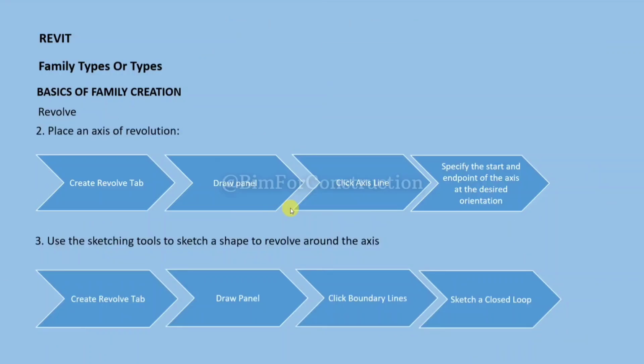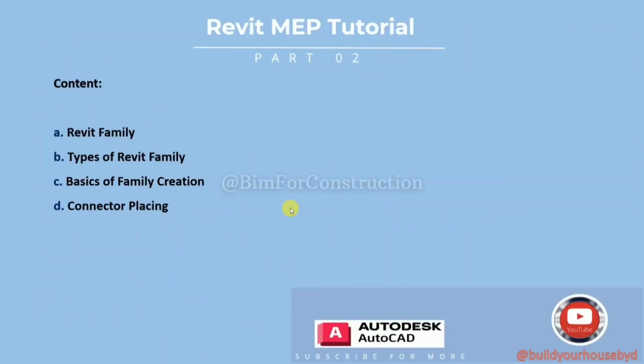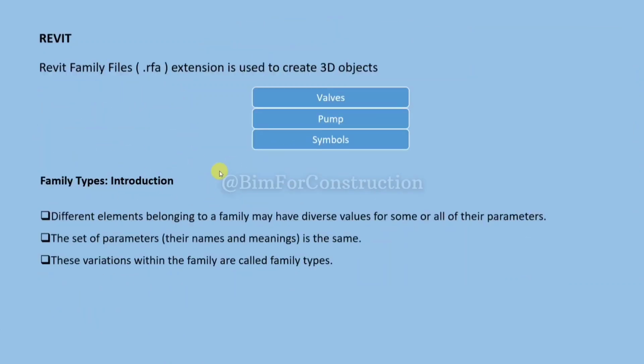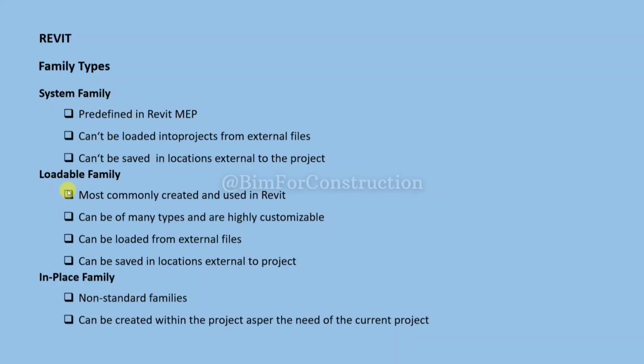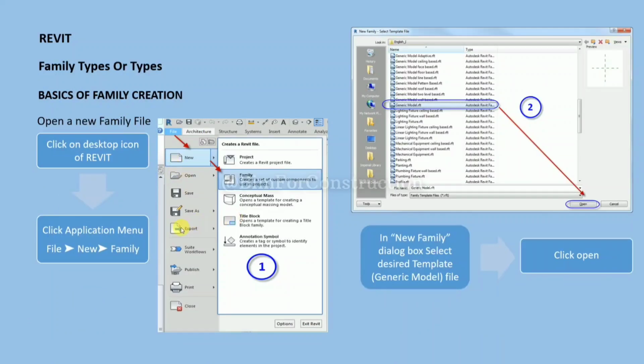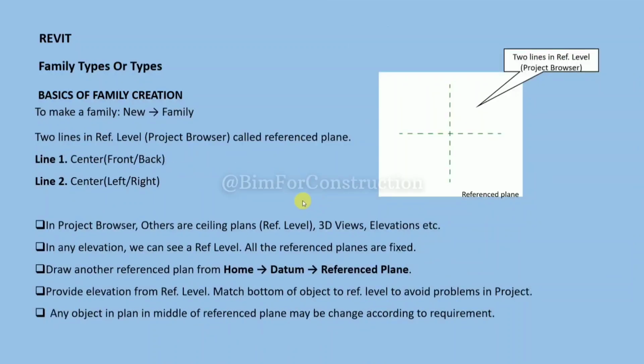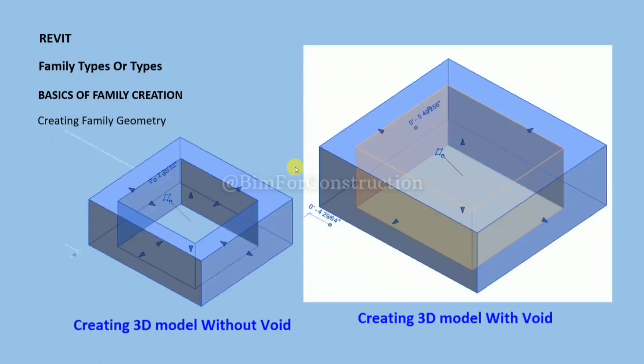And let's summarize the whole family series that we have discussed today. We have discussed system, loadable and in-place families, the extensions we use, then the basic steps to start with families: the template, the reference plane, user interface.